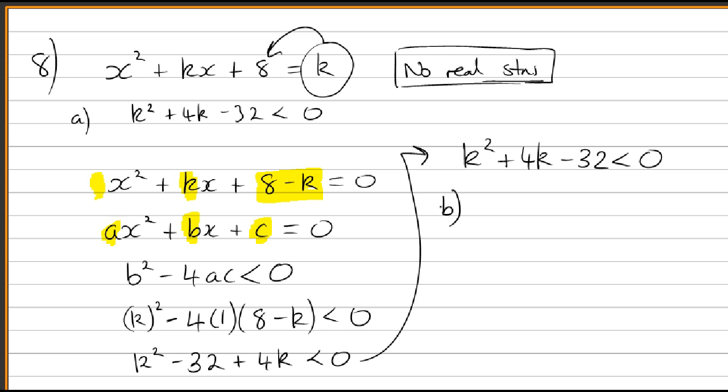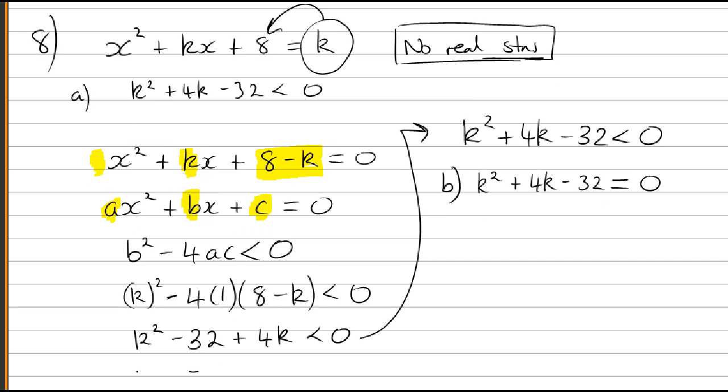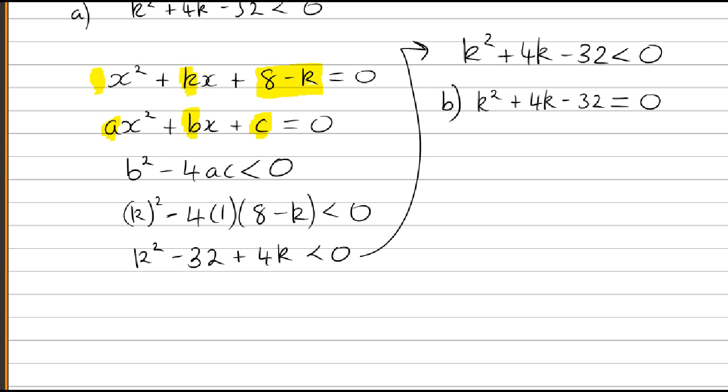Section B. The question asks us to find the set of solutions or possible solutions for k. So we need to consider k squared plus 4k minus 32 equals 0, and this factorises with a little bit of work to k and k.